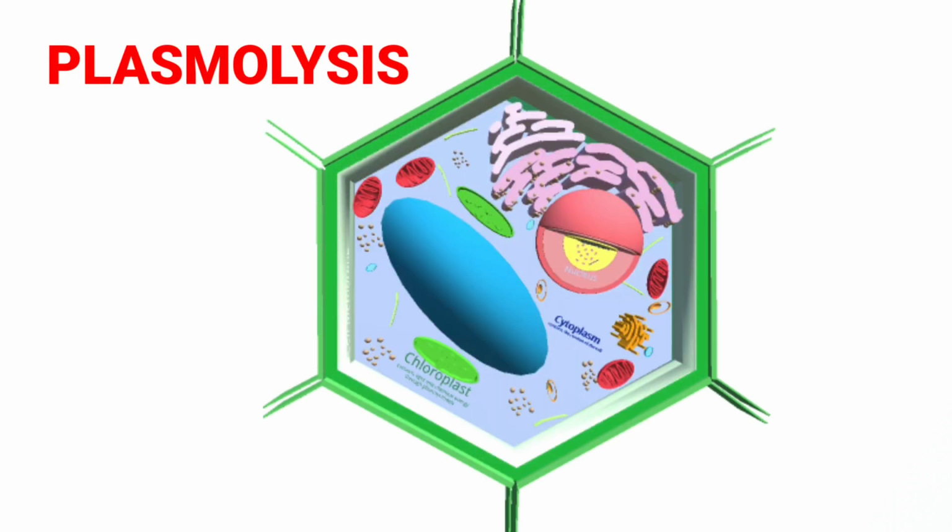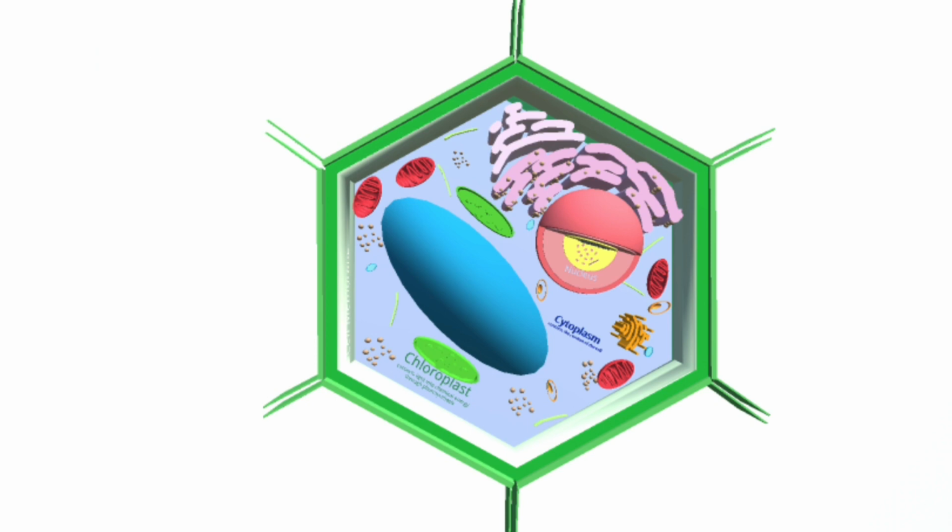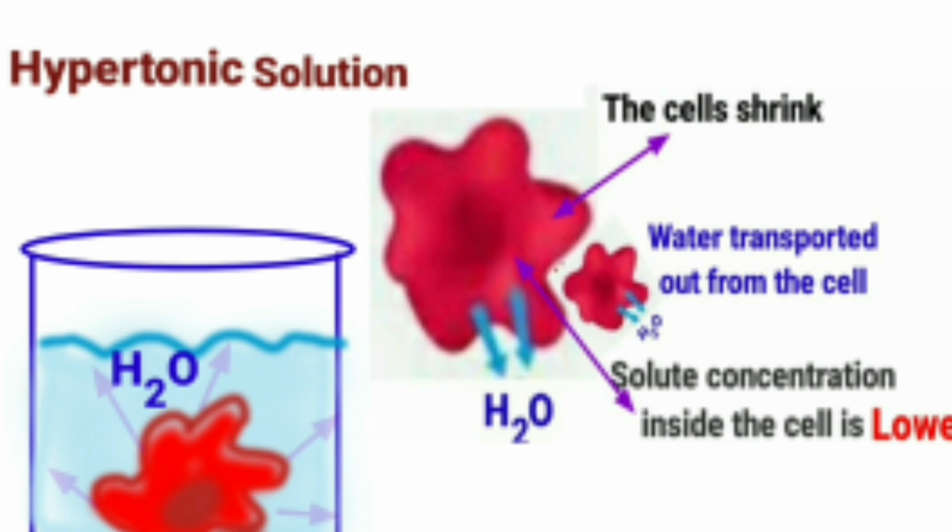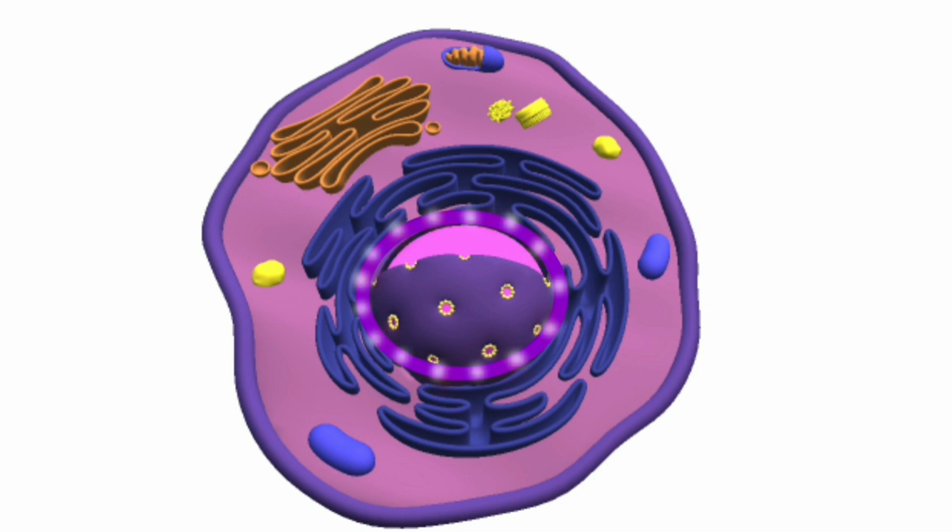This is how cell walls give turgidity and strength to the plant cells. Because of the cell wall, plant cells can withstand a lot of variations in the surrounding medium as compared to animal cells. But at the same time, if you put an animal cell in a hypertonic solution, due to exosmosis, it will shrink.